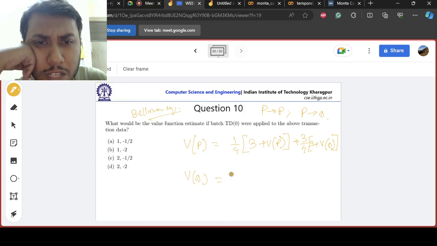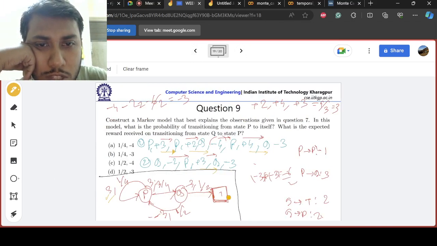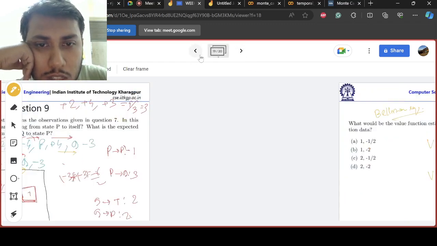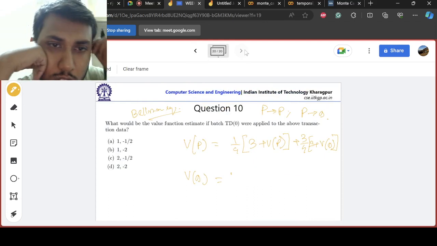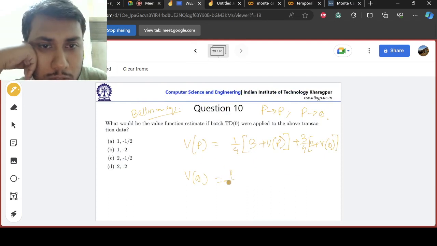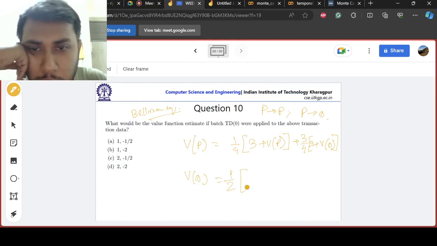Then for V of Q you have 2 transitions, from this to this or from this to this. Let's first write down the Q to P equation.